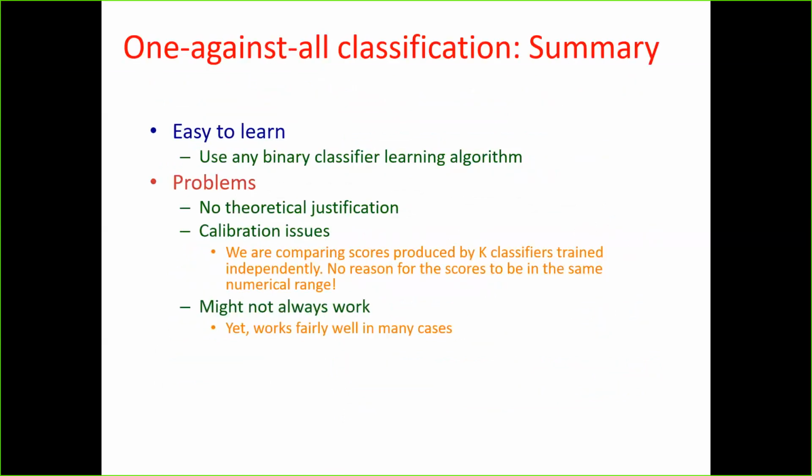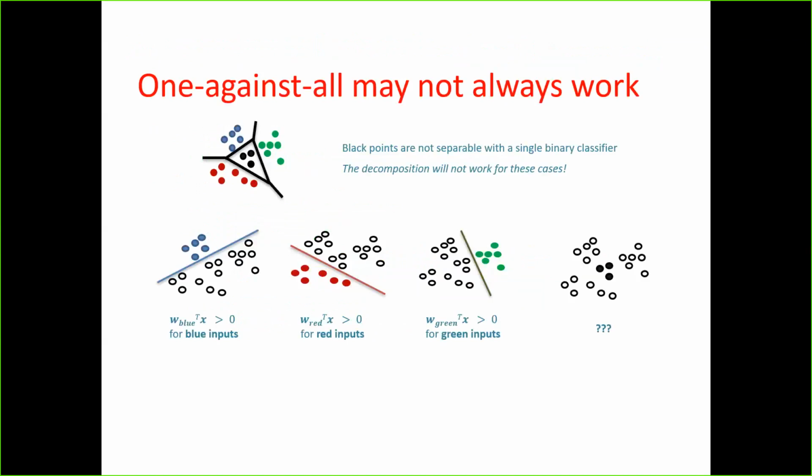One more problem is that there is no theoretical justification for why this method should work. We know the reason is this: you are making these problems independent of one another.